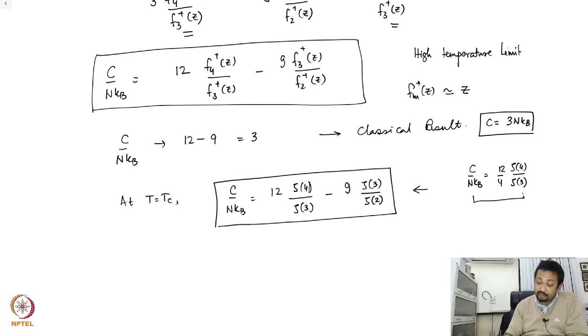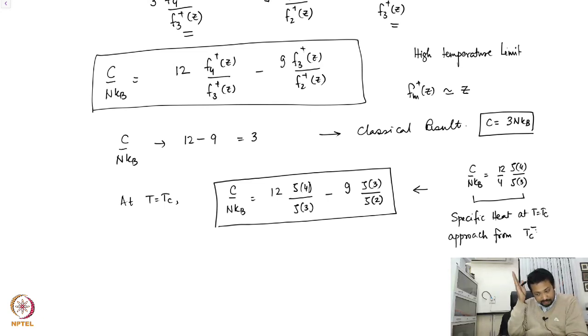This is the result of the specific heat at Tc approaching from Tc minus. So you are approaching the critical temperature from below the critical temperature, and once you do that, this is the result that you get.